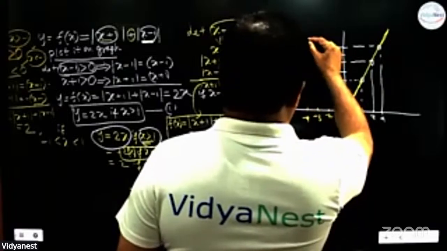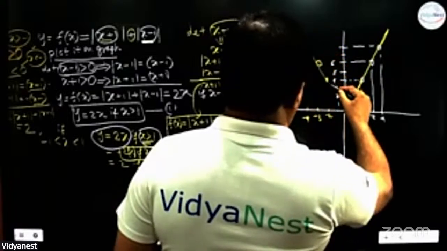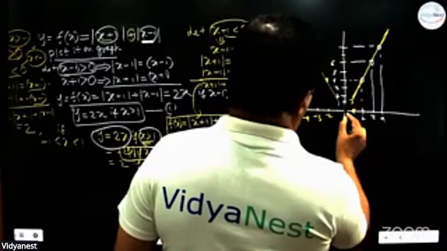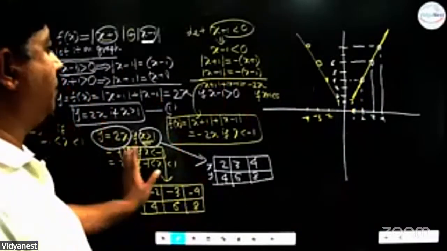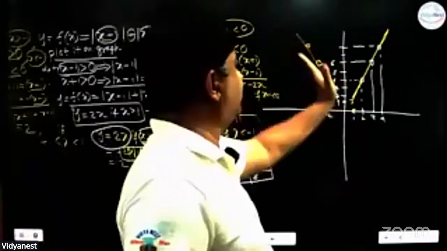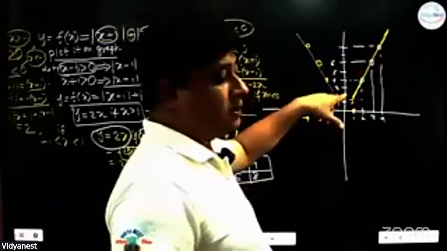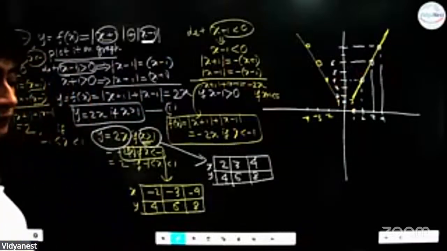Join. Just before reaching 1, it will stop. Okay, you have seen by choosing the points, I have got a symmetrical line with respect to this line. Yes or no?